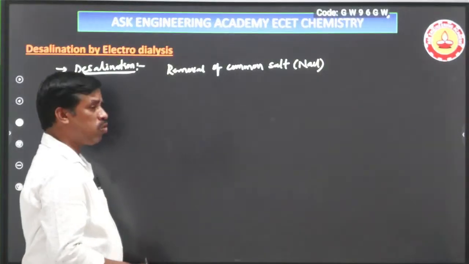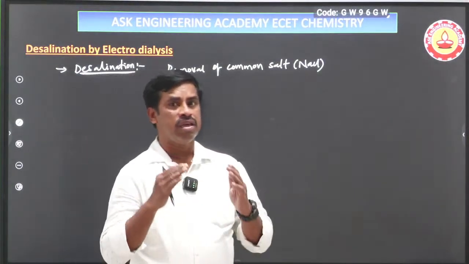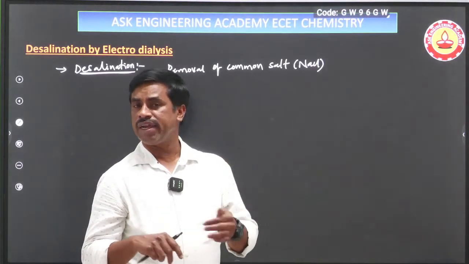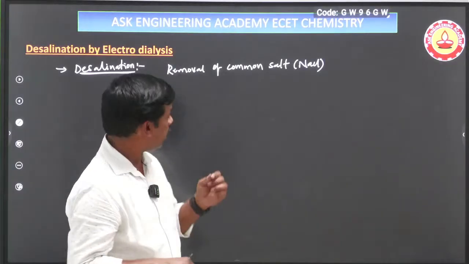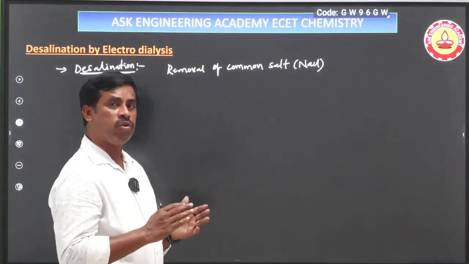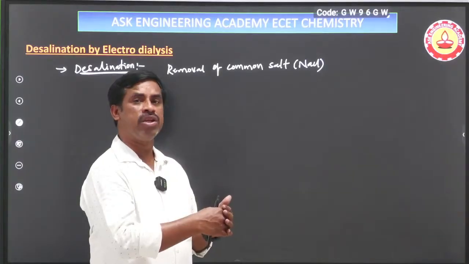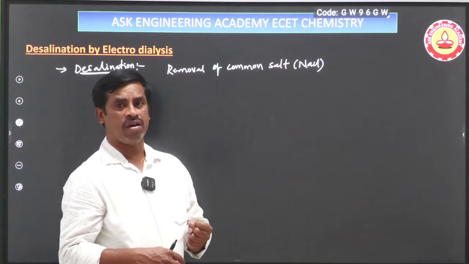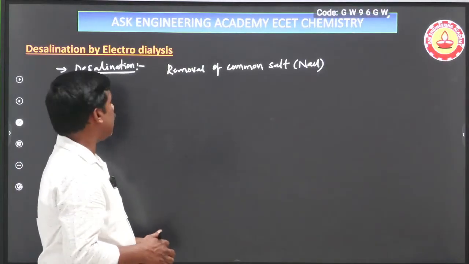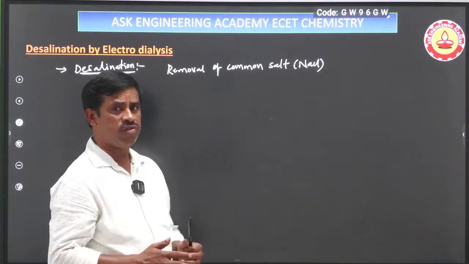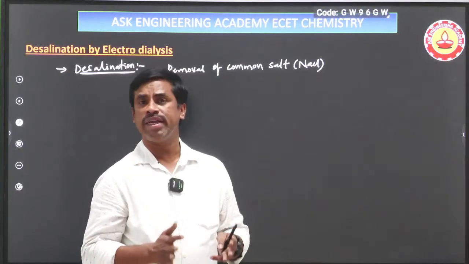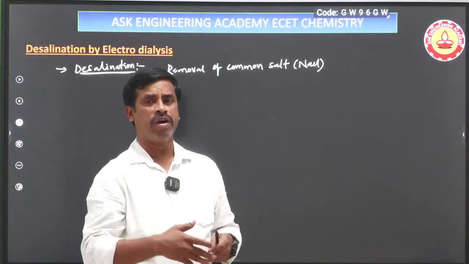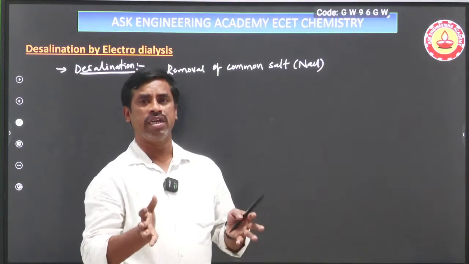Here, in electrodialysis, positive electrodes attract negative ions and negative electrodes attract cations. That is said to be electrodialysis. Electrodialysis uses positive and negative electrodes, and water containing dissolved calcium and magnesium impurities enters into this.